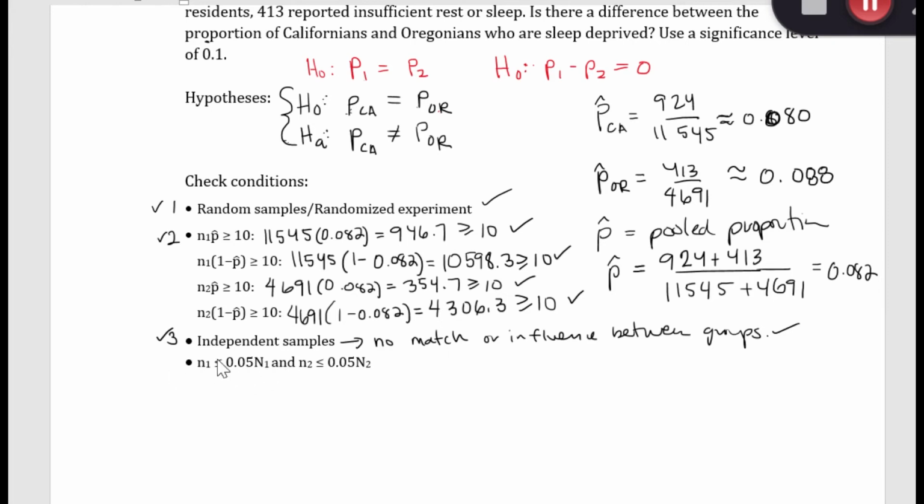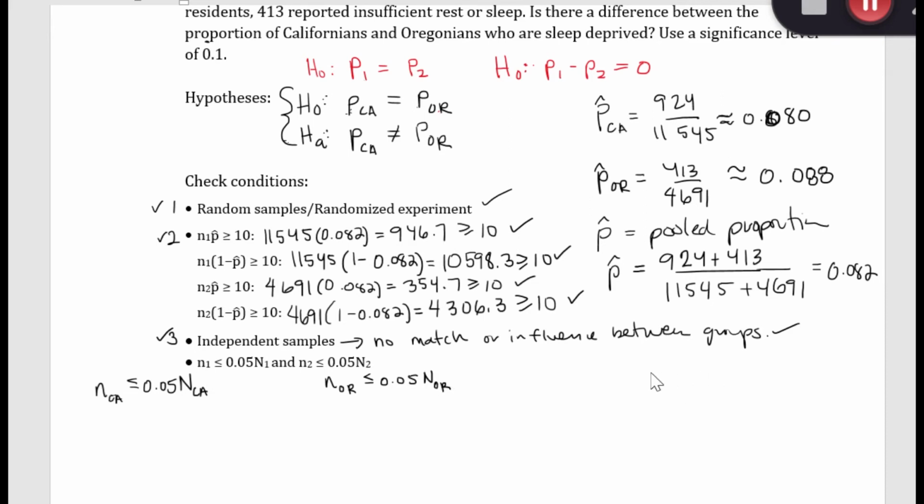Here we want to know that my sample size of Californians is less than 5% of my population size of Californian residents, and that my sample size of Oregon residents is less than 5% of my population of Oregon residents.